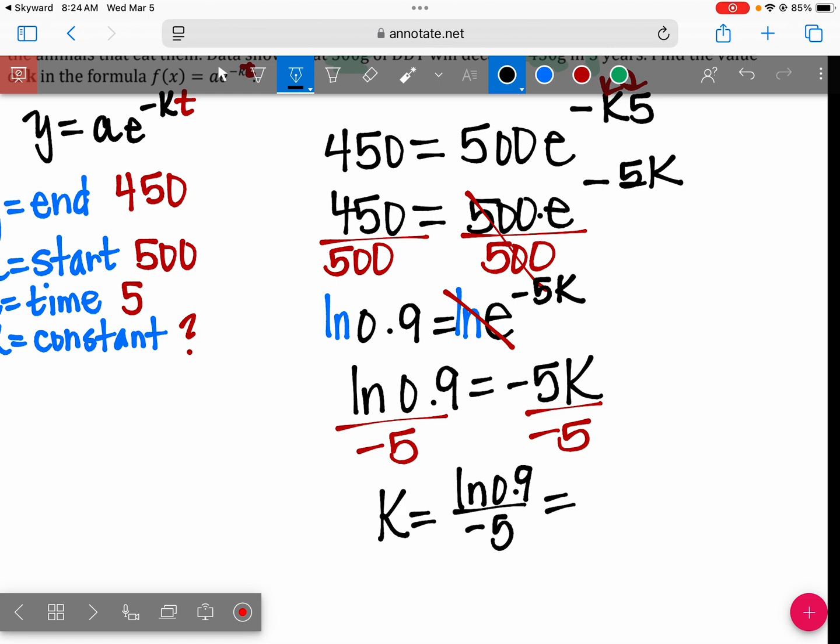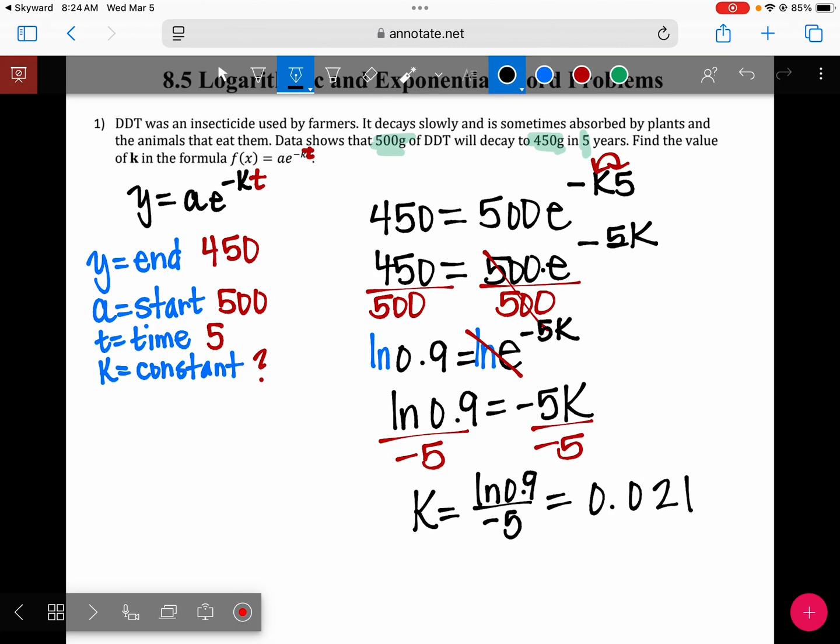So when you type it in your calculator, natural log of 0.9 divided by negative 5, you should get, oops, I typed it in wrong. Hold on. Negative 5. There we go. You should get 0.021. All right, raise your hand if you got that, or thumbs up. Any questions about how we work through that question?